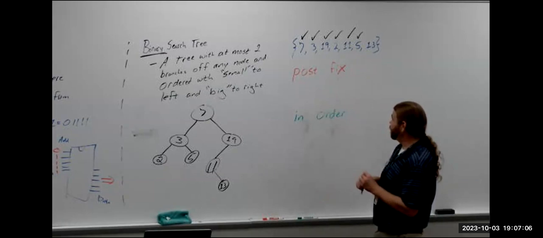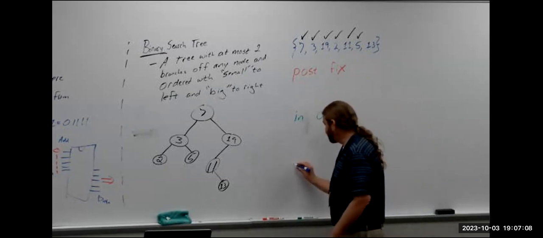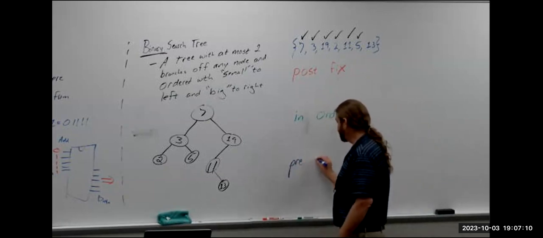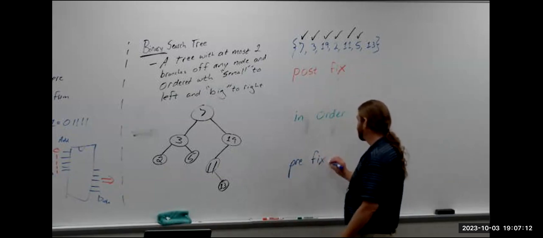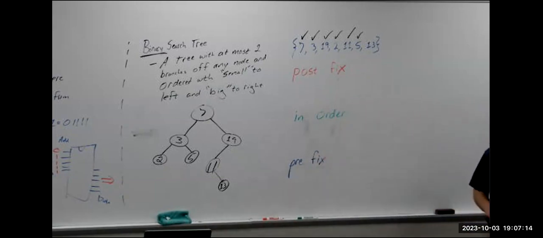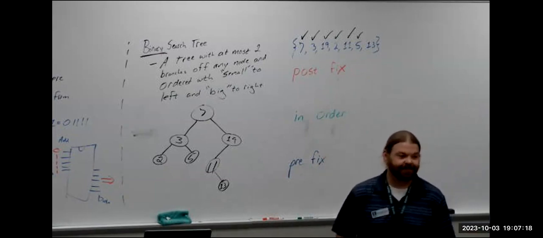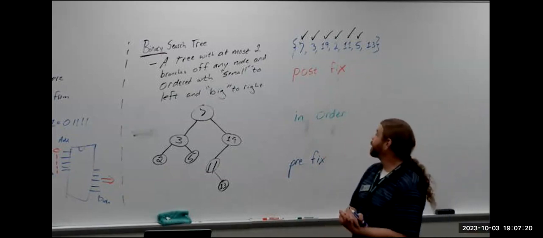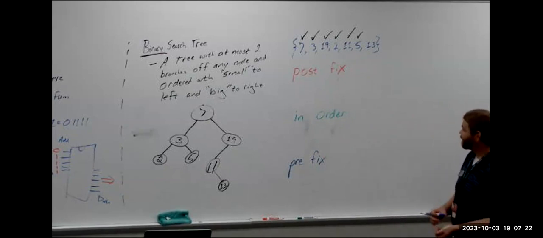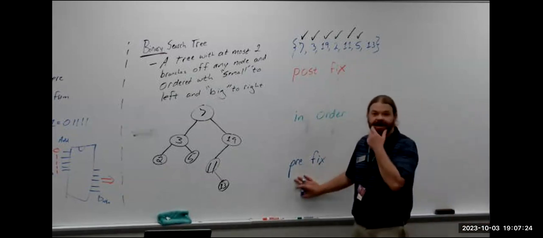Or we could go through it in what's called prefix. And now that I write those on the board, I realize I probably should have put pre at the top and post at the bottom. That would have made a lot more sense, but I'll start down here at the bottom with pre.